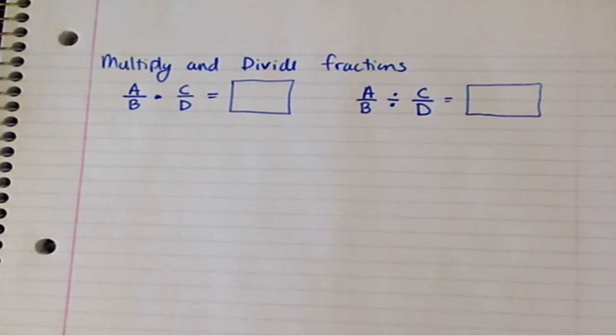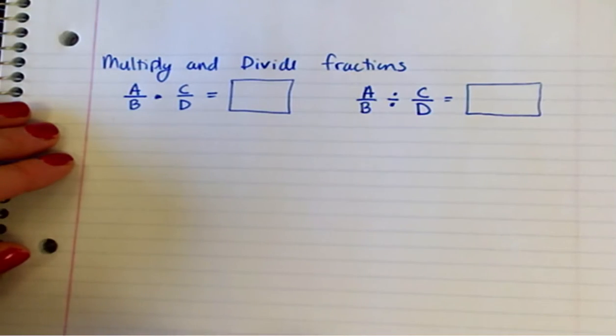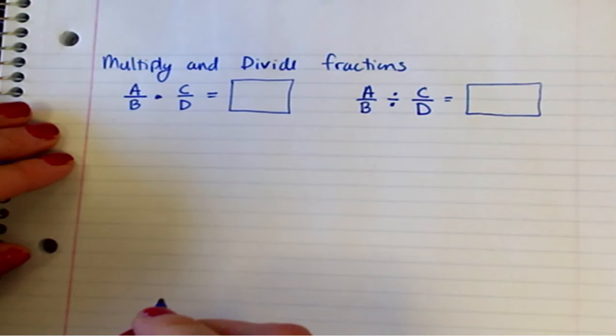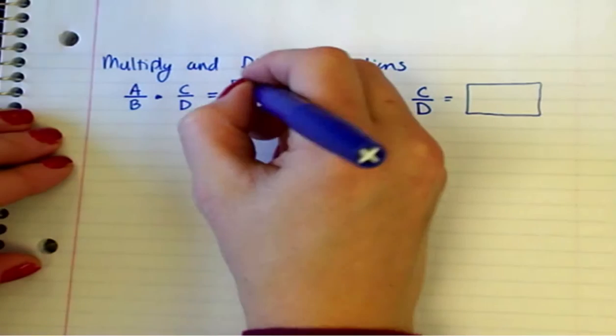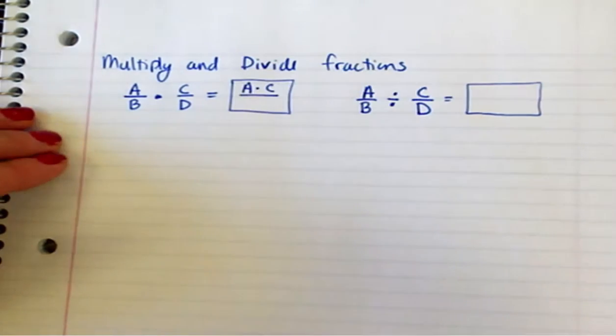How do you actually multiply and divide fractions? You multiply the numerator by the numerator and the denominator by the denominator? Yes. That's what I meant the whole time. A times C. You go straight across.